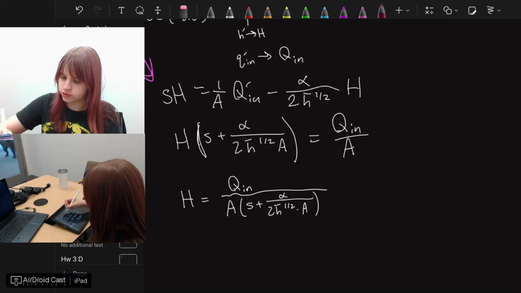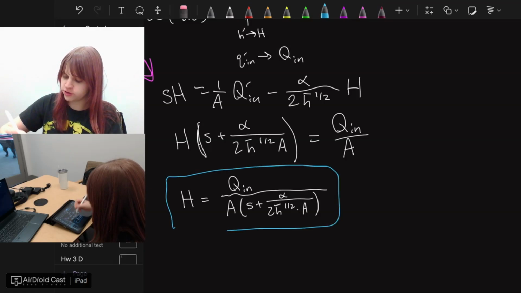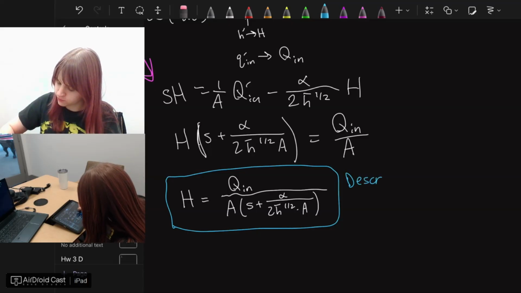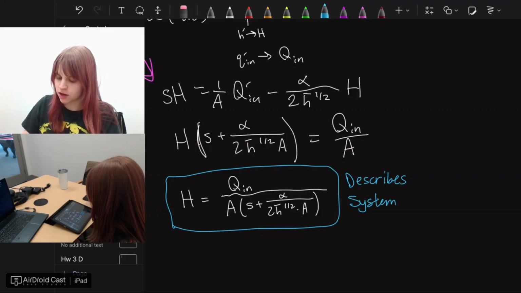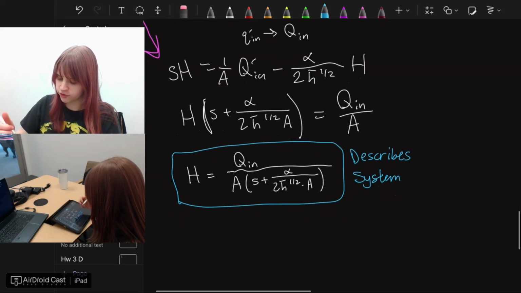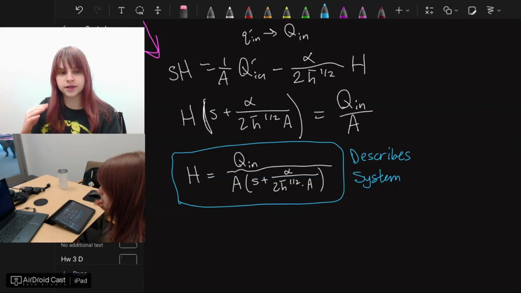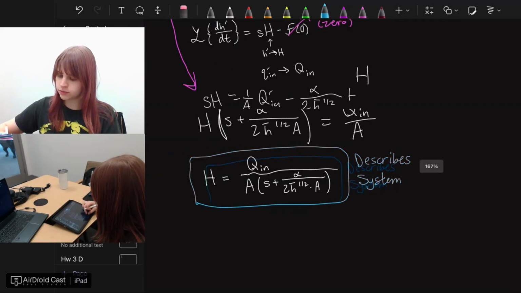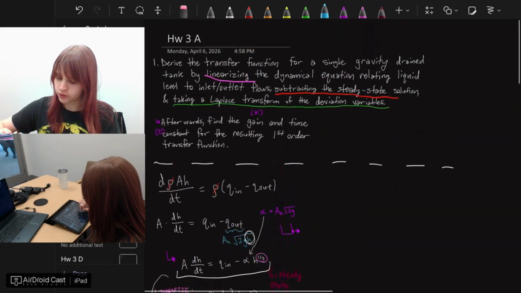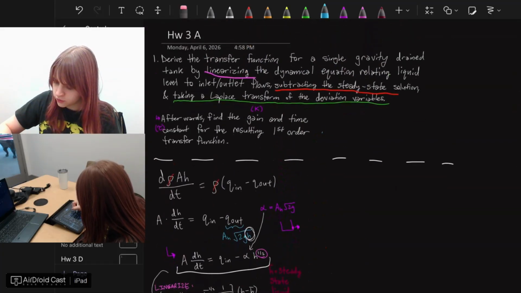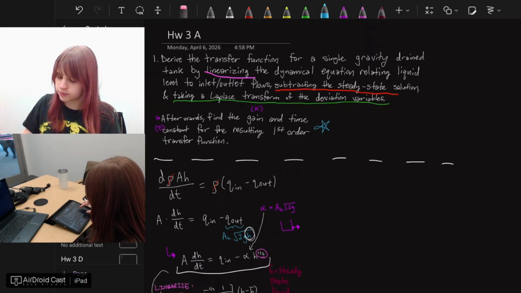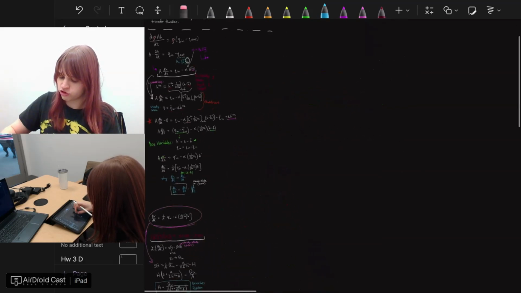So in general, this equation right here describes our system. That describes how basically the liquid height level changes with the flow rate in, also depending on the area and those things. But what we want to do also is to find the gain and time constant for our transfer function.